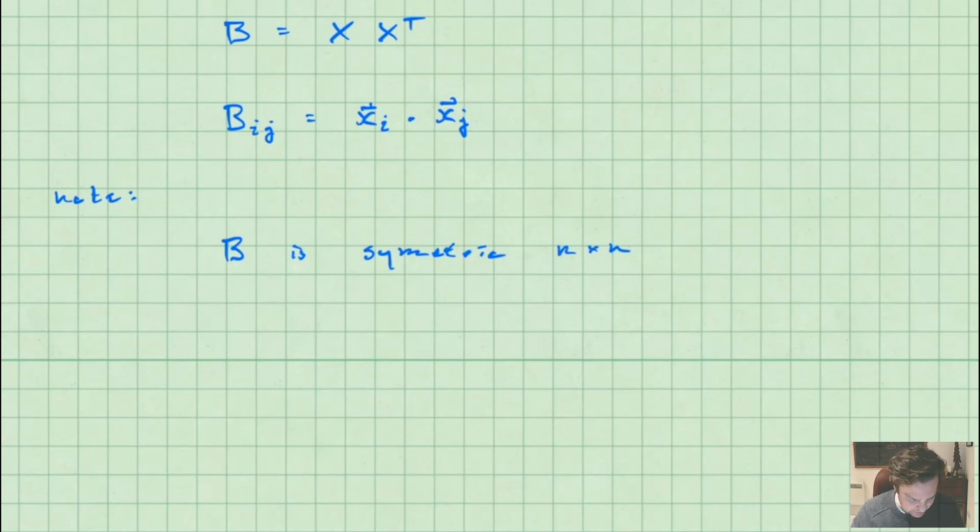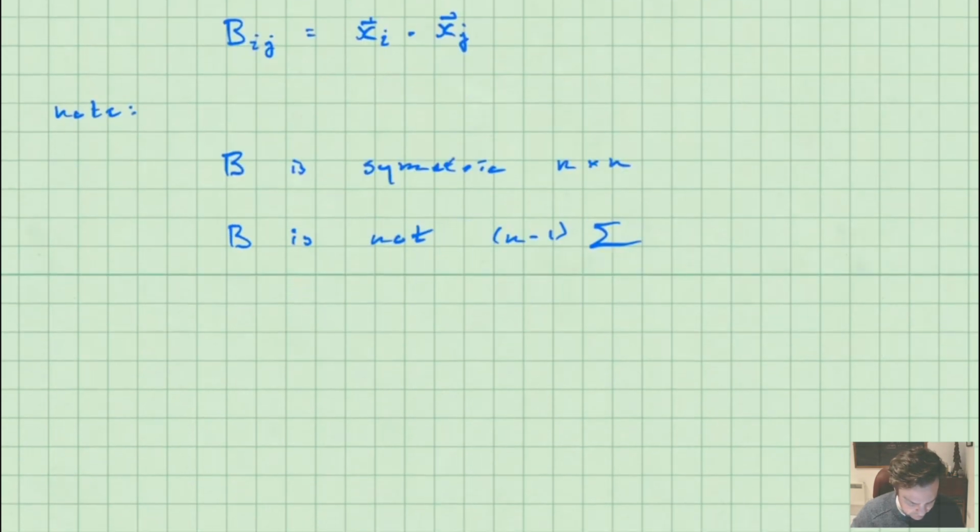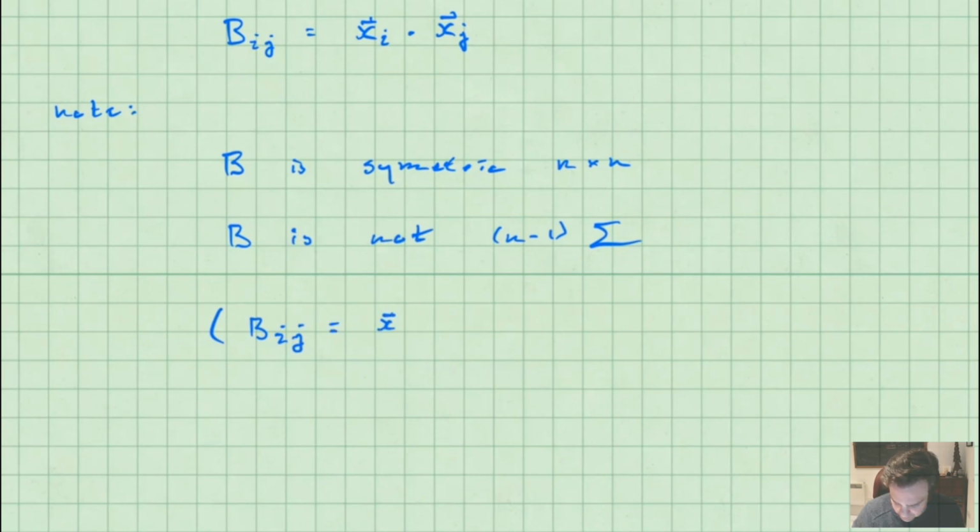Okay, and the other thing I want to remind you, I've just done it like 3 times now, is that B is not the covariance matrix. Or rather, it's not just n minus 1 times the covariance matrix. That is to say, Bij is this dot product of the rows, whereas sigma ij is a scaled version, 1 over n minus 1 of the dot product of the columns.